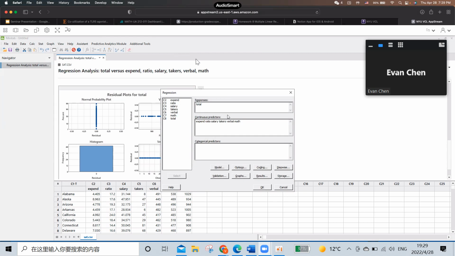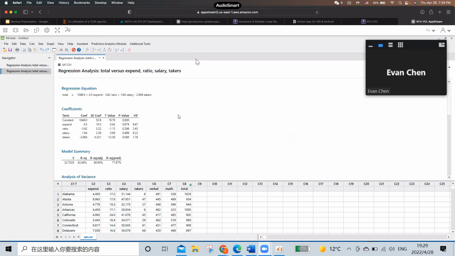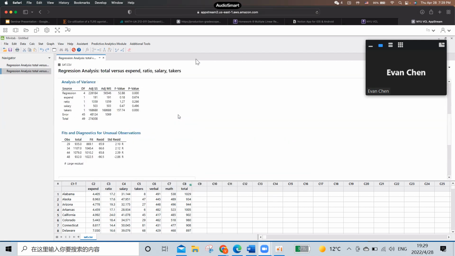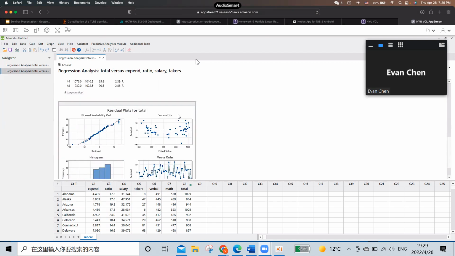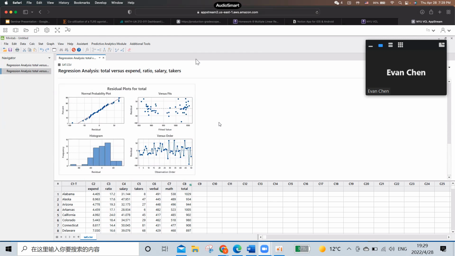So expend, ratio, salary, takers. In particular, you can go to the residual versus fitted value plot.